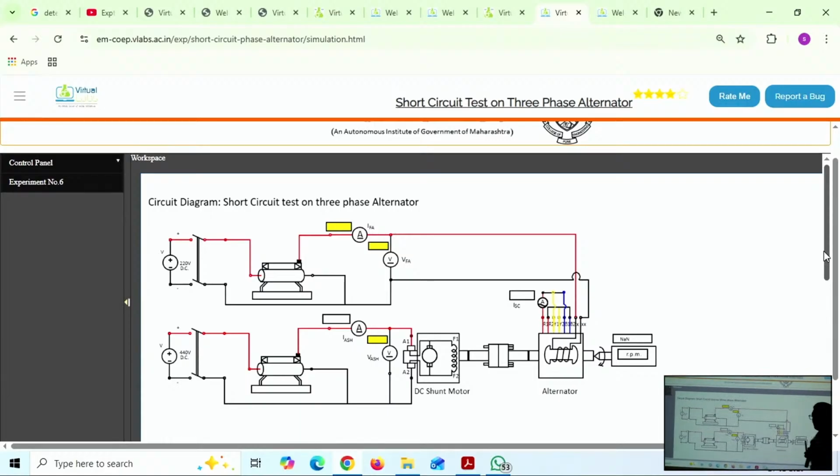Again, where to connect? If you connect at this point, between R and Y, what will happen? Again, at this point, what will happen? We are connecting the ammeter. It depends on the alternator armature winding type.